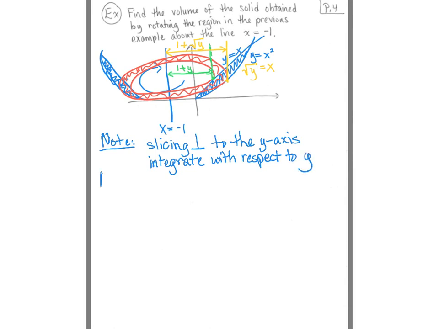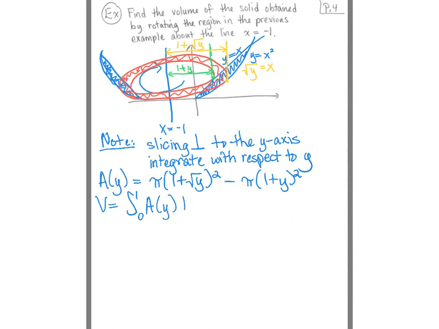Which means A of y is equal to pi times your outer radius squared, which is 1 plus the square root of y squared, minus pi times your inner radius, 1 plus y, quantity squared. So your volume is equal to the integral. Again, we're going from 0 to 1. That hasn't changed because the points of intersection were 0, 0 and 1, 1 respectively, of A of y dy.